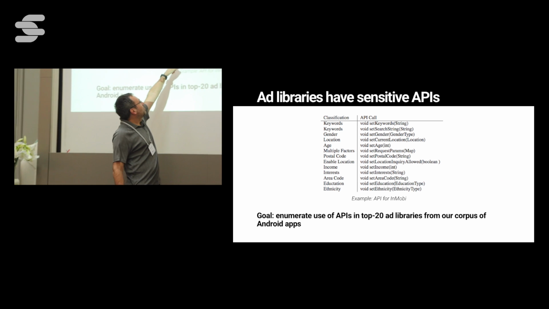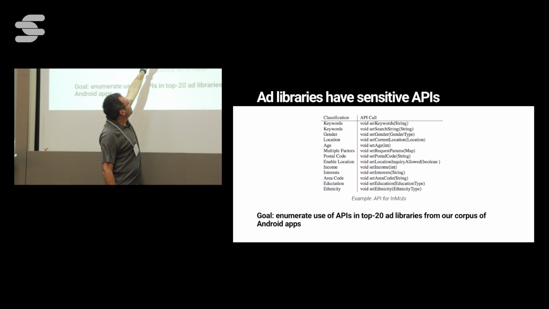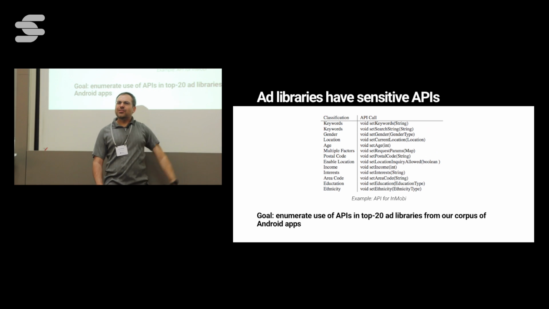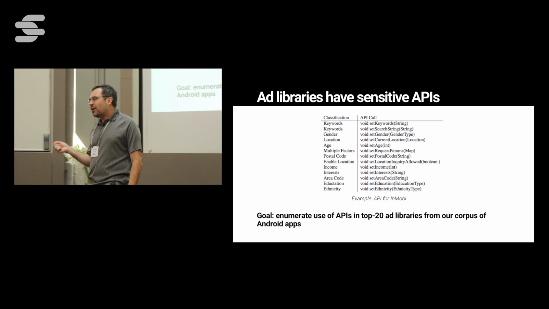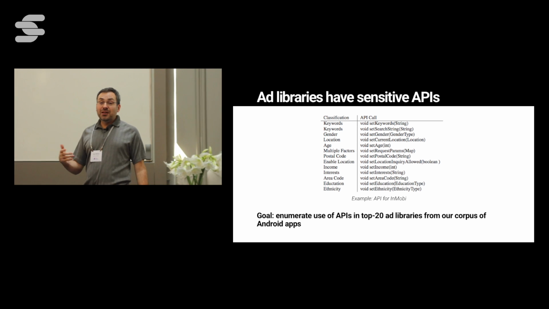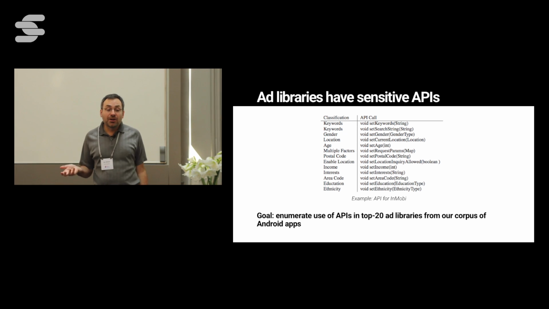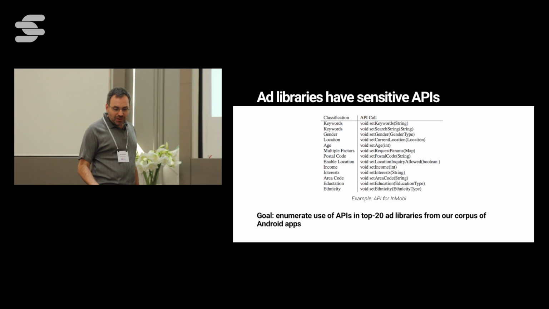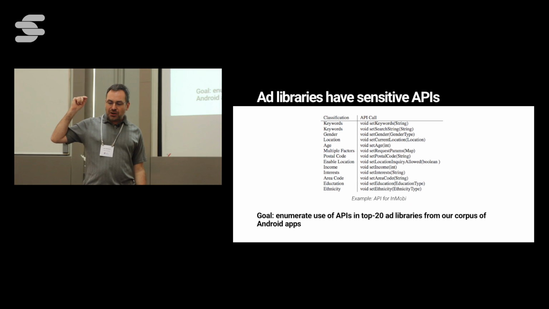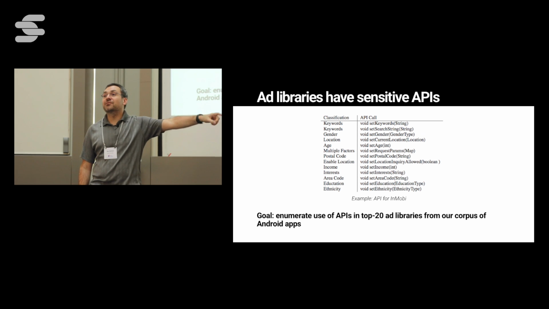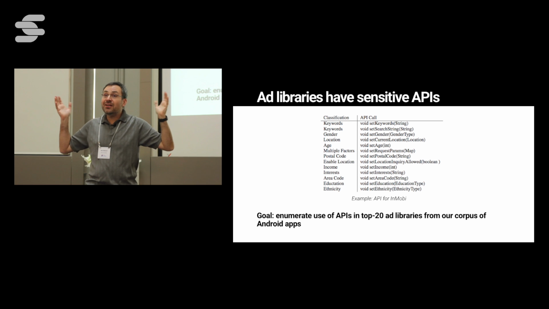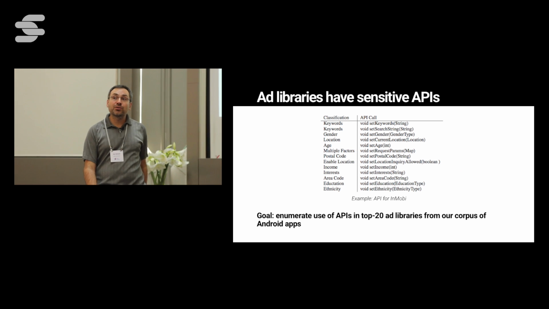So set area code, set income, set postal code, set age, set ethnicity. Set ethnicity? Most apps don't necessarily know the user's ethnicity, but maybe they can make a guess. I don't know. And so these are, if we see a call to any one of these APIs, that is a call being made by the app telling the advertising library something that it knows or infers about its user.